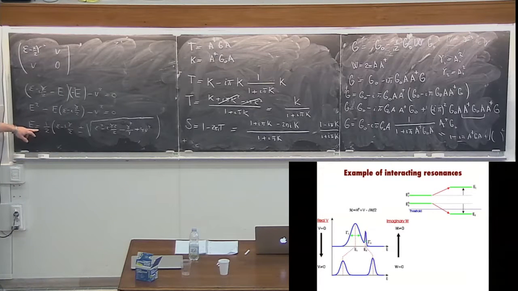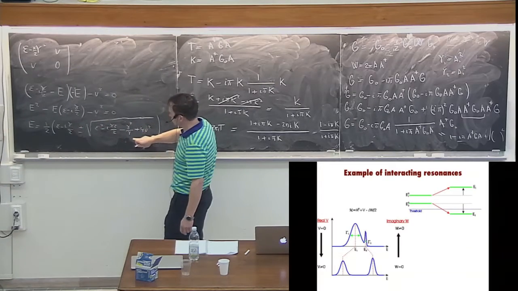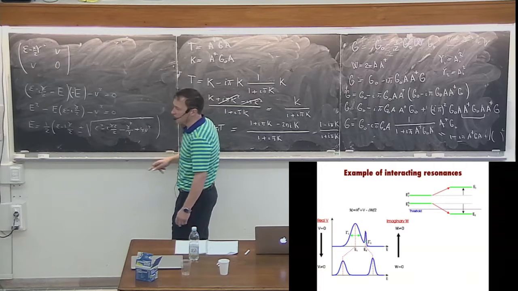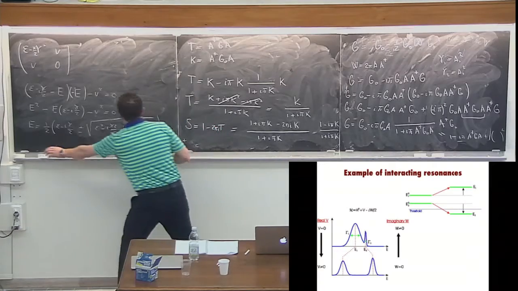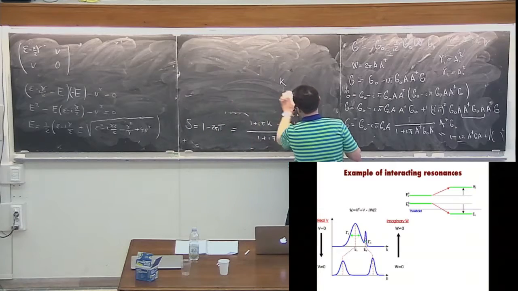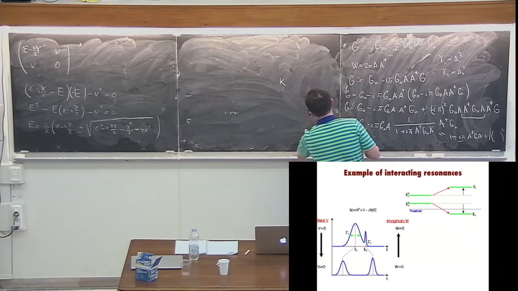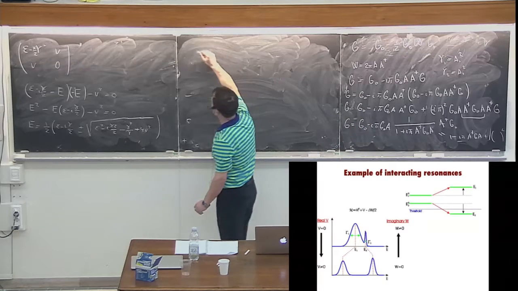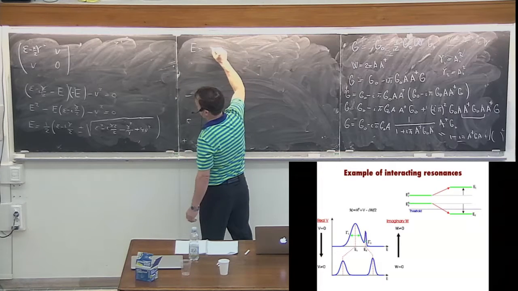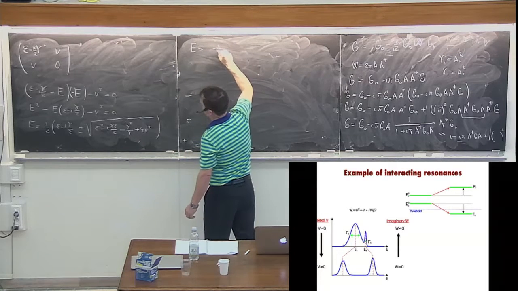The interesting limit is when my width gamma becomes very large. Then the most important term under the square root is minus gamma squared over 4, which is negative. So in the limit of very strong coupling, when the decay is very strong, my energy has some real part which I'm not interested in, and then an imaginary part minus i over 2 gamma.